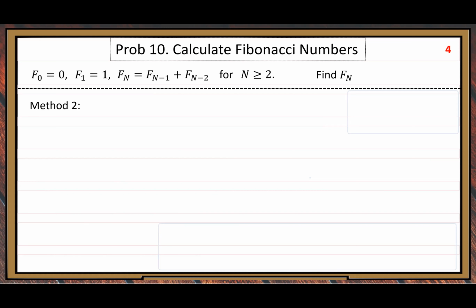Let me implement method 2, that idea. You may ask me how to store calculated values. This method is also called the dictionary method. Why do we call it the dictionary method?